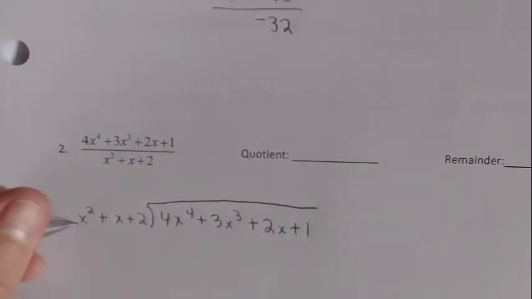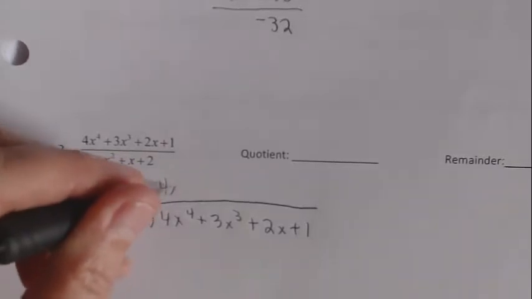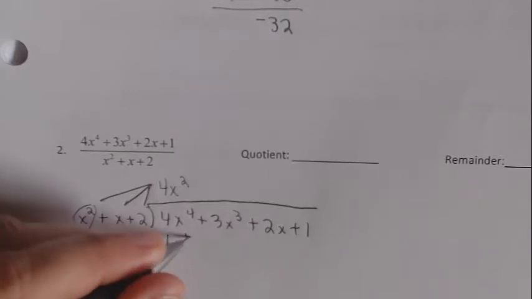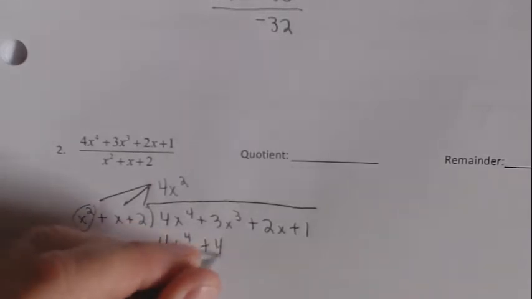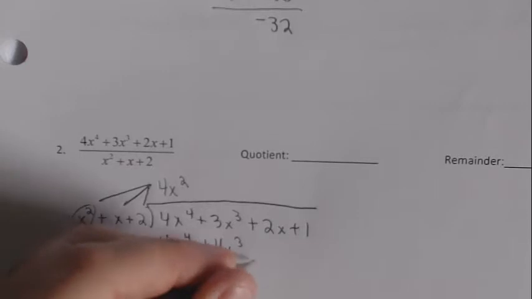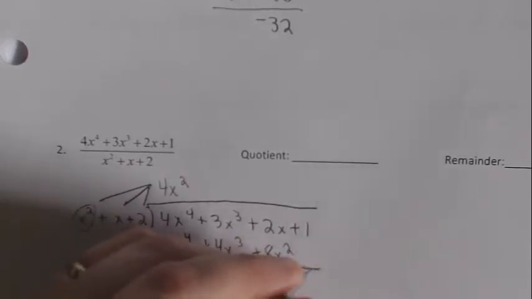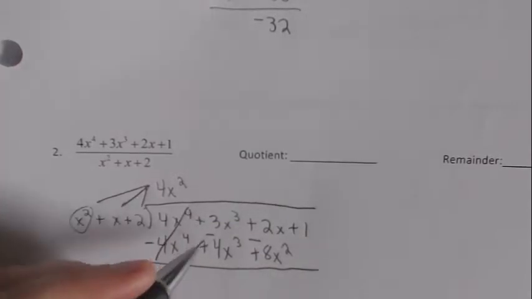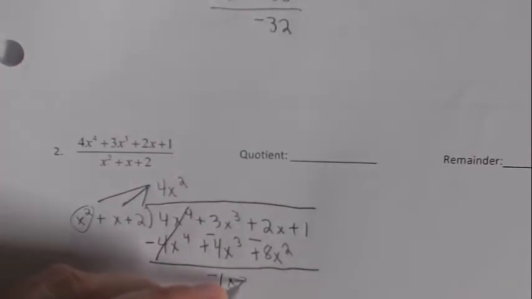4x to the fourth divided by x squared is 4x squared. Distribute gives you 4x to the fourth plus 4x cubed plus 8x squared. Draw your line, change the sign. Cancel. Negative 1x cubed, and there they are.